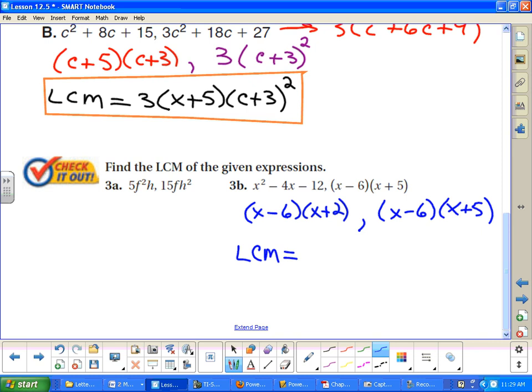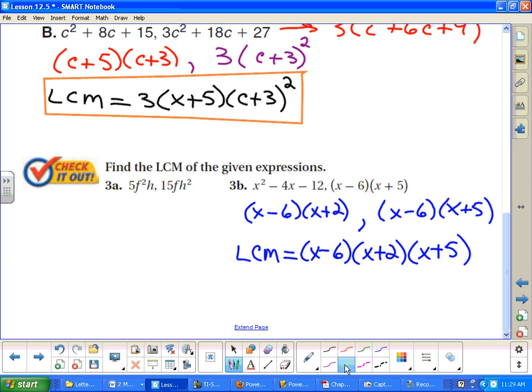So to find the least common multiple, we write down all of the different factors. Okay? How many different factors are there? There's 3 of them. X minus 6, x plus 2, and x plus 5.